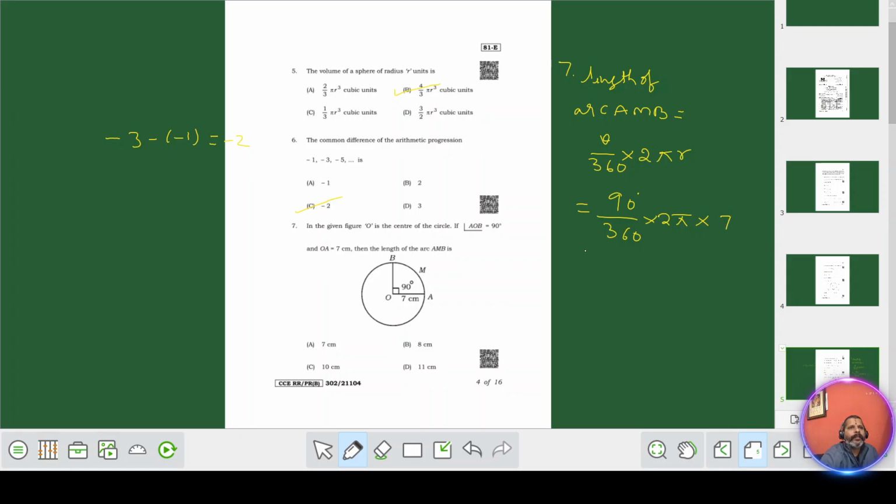The radius is 7. 90 by 360 cancels to 1 by 4. So 1 by 4 into 2 into 22 by 7 into 7. The 7s cancel, 2 and 2 cancel, and we get 11. So 11 centimeter is the length of the arc. Clear? It's a straight question. Angle is given, radius is given, so the length of arc formula will give the result.